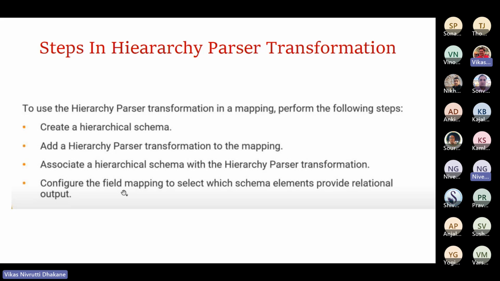And then we do the field mapping and all the tasks that we usually do for other kinds of transformations. You can note down these steps and we will follow the same steps while creating this transformation. Okay, now let's go step by step.